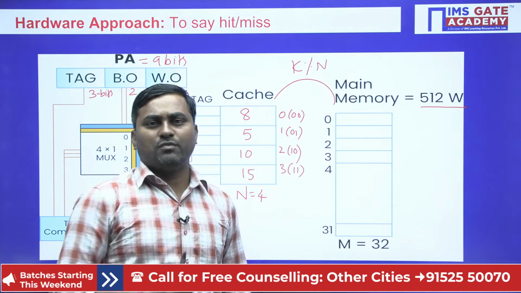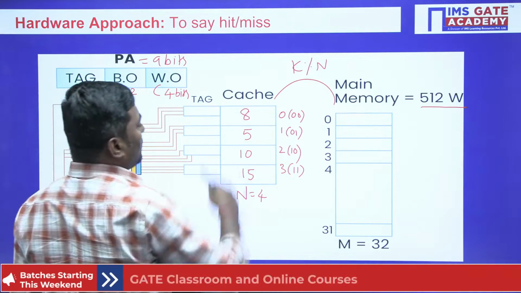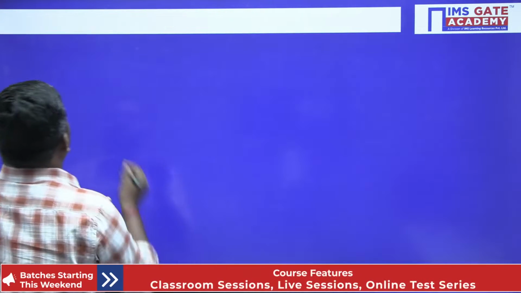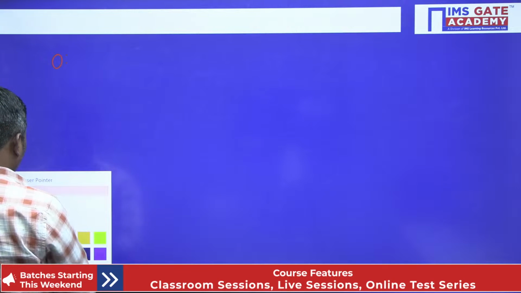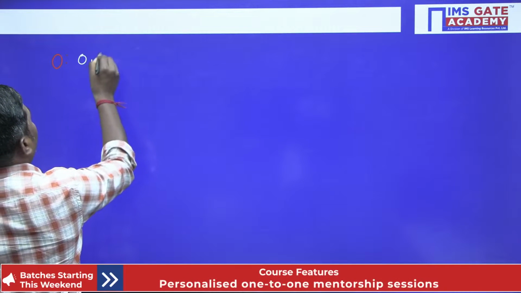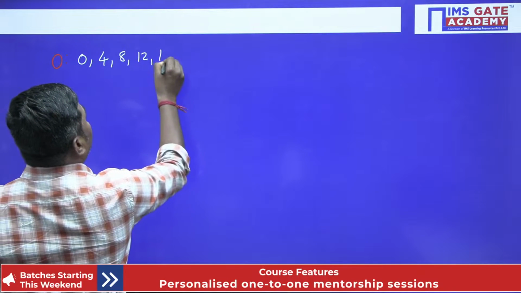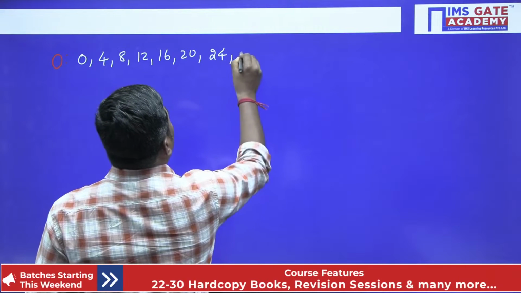What are the tag bits for that? Now see, what are the blocks referring to block 0? Yes or no? For block number 0, what are the blocks referring? So 0 block: 0, 4, 8, 12, 16, 20, 24, 28, right?